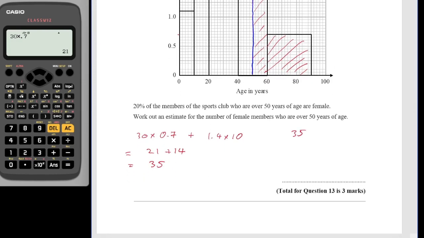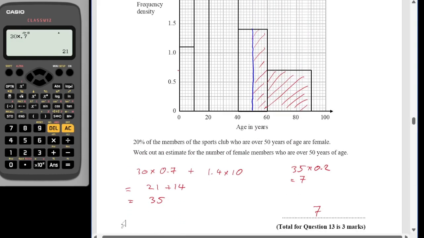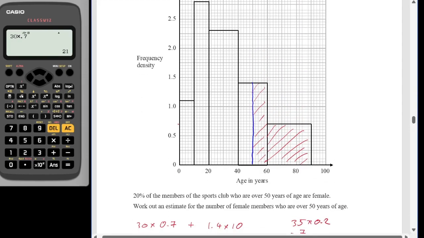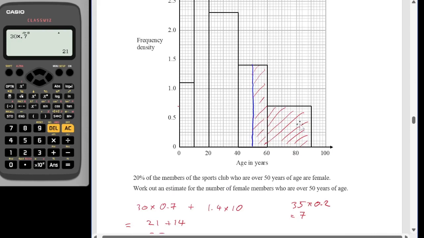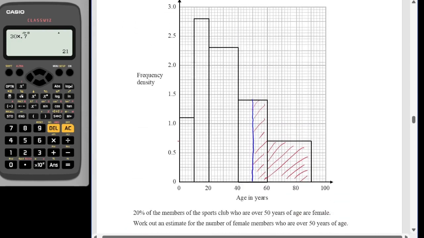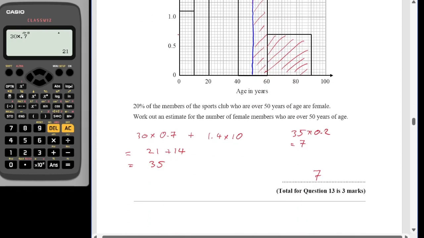So 35 times 0.2 is going to be 7. So that says 7 females, assuming that these are all correct. And it looks pretty much like it is. Yeah, that looks about right. Does that area represent roughly just under about a third? It does, yeah. So I'm going to assume that's right.